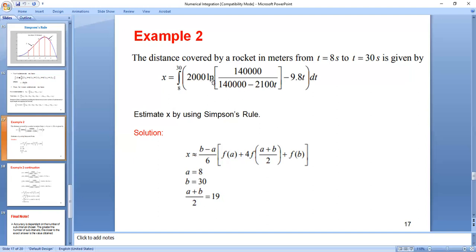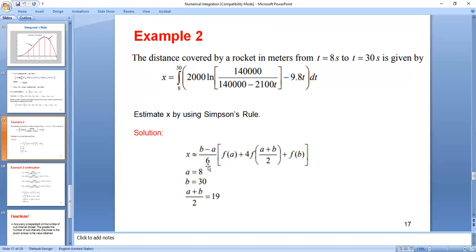Now this is the argument of your ln, minus 9.8 t, dt. So look at the limits of integration. It's 8 to 30. So if you use Simpson's rule, you have here b minus a divided by 6. So your b is 30, your a is 8, and you divide it by 6 in this case.